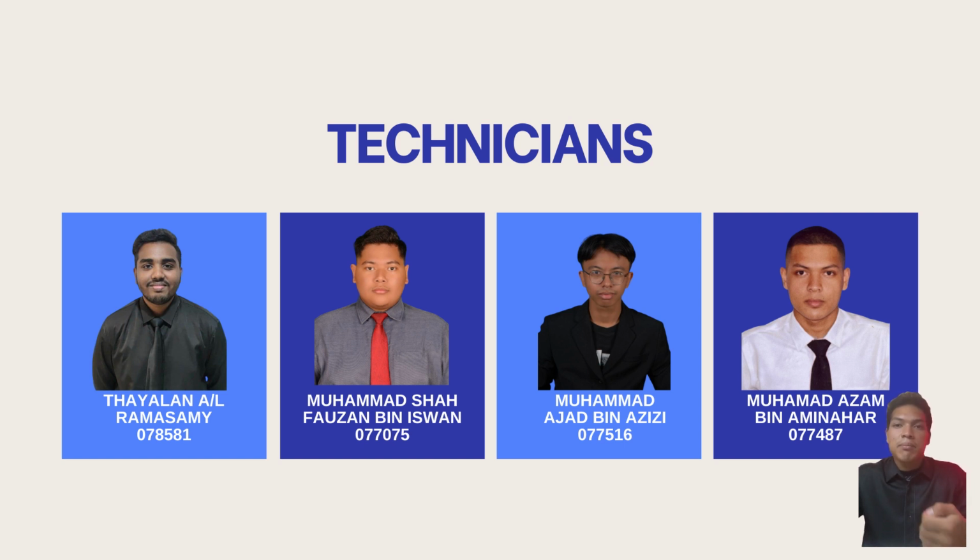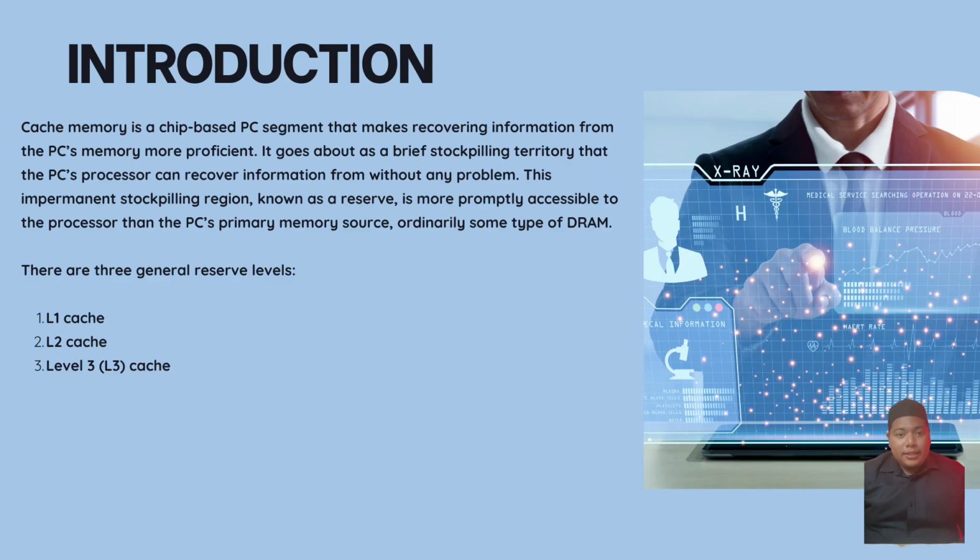And next, the third member of our group, who is handsome with glasses, is Muhammad Ajat bin Azizi, matrix number 077516. And the last one on the far right must be myself. My name is Muhammad Azam bin Aminahar, holder of matric number 077487. Thank you, and without wasting time, let's start this presentation with the first presenter, my friend Muhammad Shah Fauzan. Okay, let's proceed.